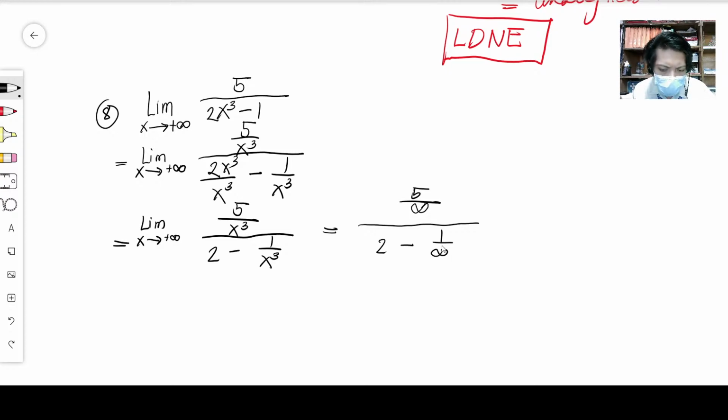Infinity cubed is infinity times infinity times infinity. A large number multiplied by another large number multiplied by another large number results in a very much larger number. That's why it is just infinity.